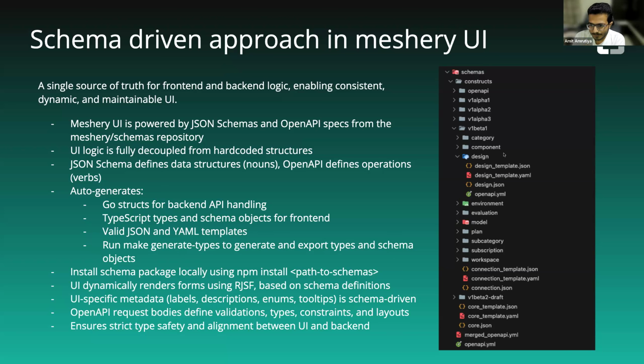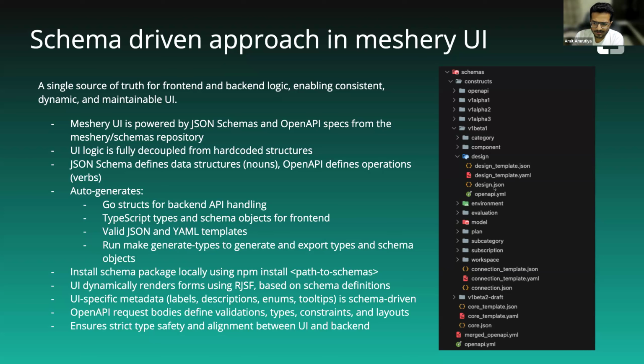In the schemas repo, we are only allowed to change those JSON and YAML files, because all of the other code will be auto-generated. In schemas, we have a Go code generator and a TypeScript code generator. So we change the JSON and YAML files, and it will auto-generate the Go and TypeScript code.